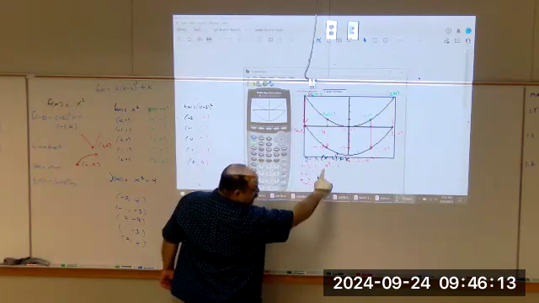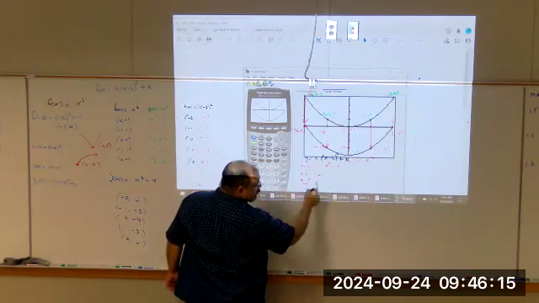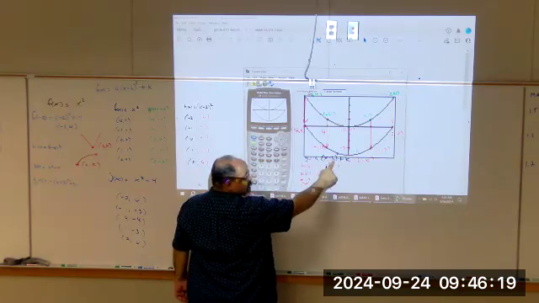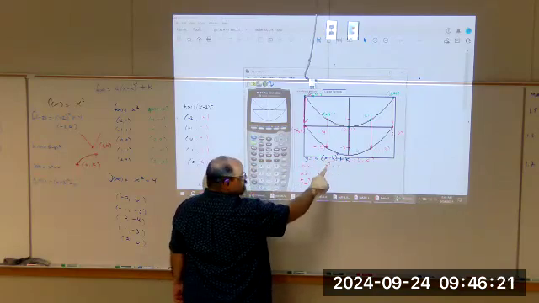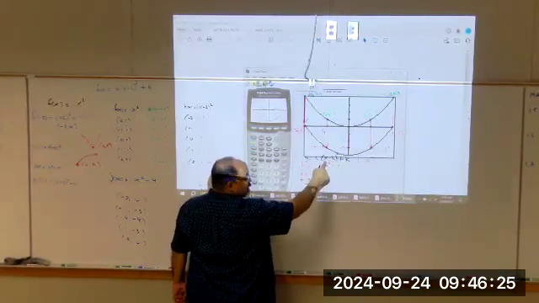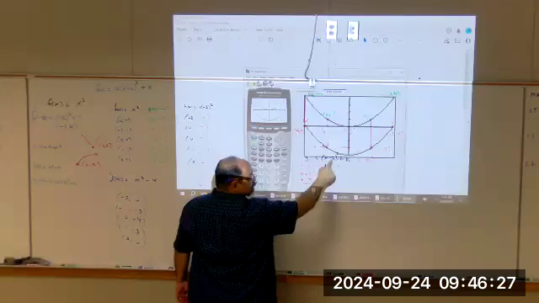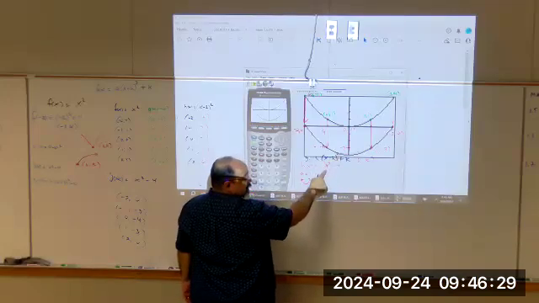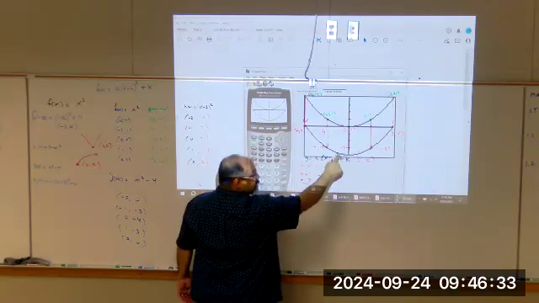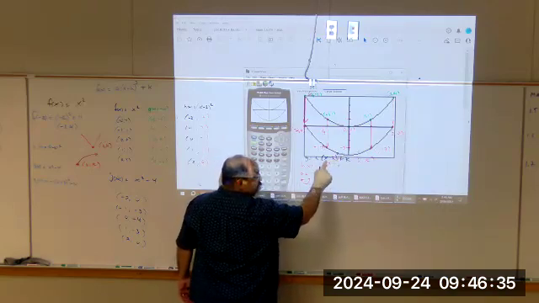So A is a 1 times x squared, so A is a 1. Inside the parentheses is where H lives. Since there's no parentheses in the first place, the only number inside there would be 0. x minus 0 squared is x squared. And then K is always after the function happened, after the square.